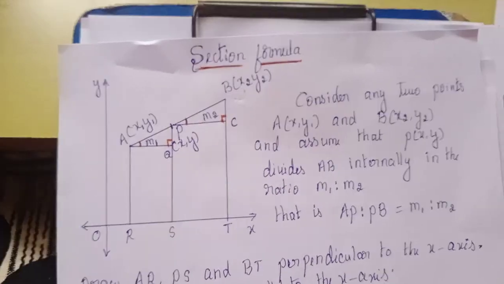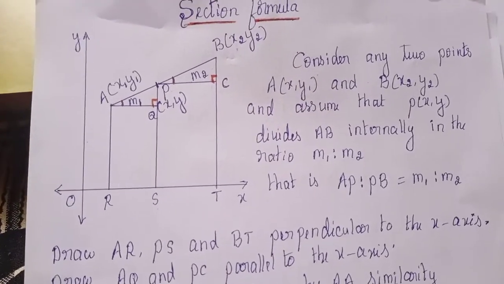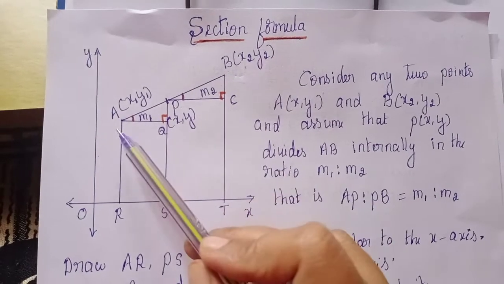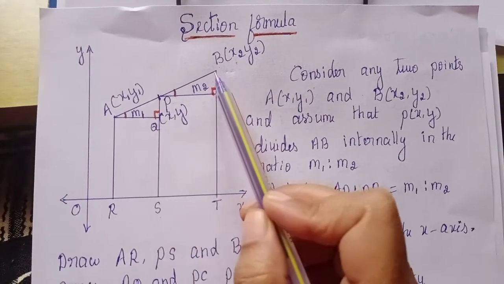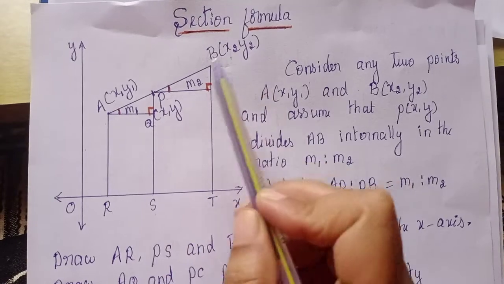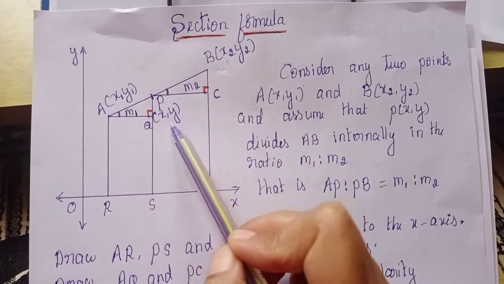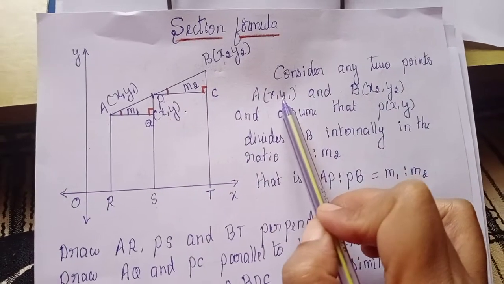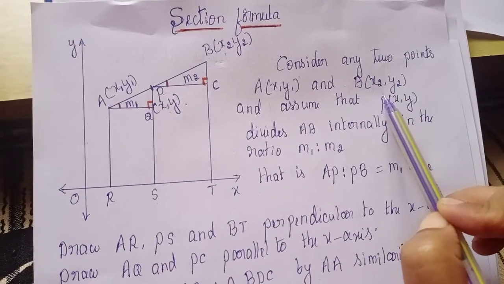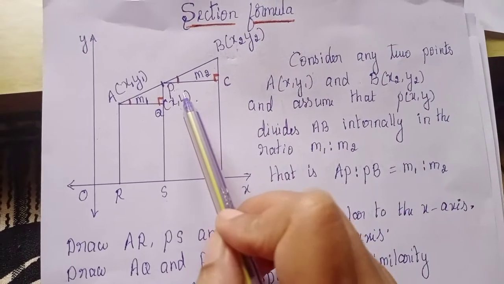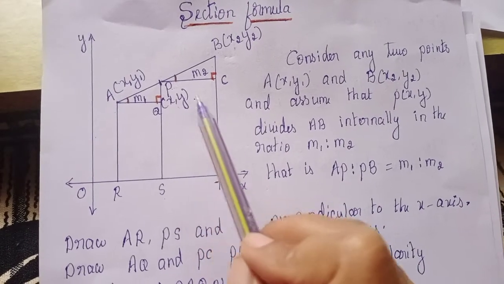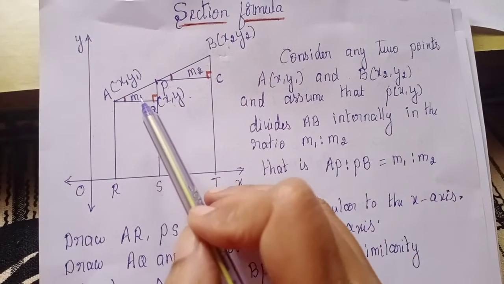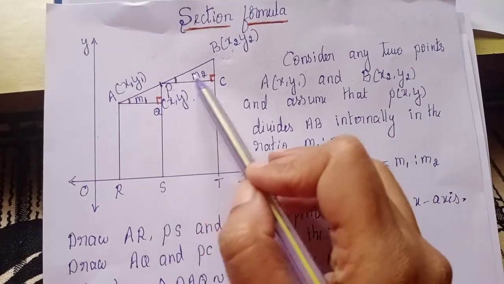Now let me start the derivation of the section formula. Let A be the point (x1, y1), let B be the point (x2, y2), and let the point P be (x, y). So consider any two points A (x1, y1) and B (x2, y2), and assume that the point P (x, y) divides AB internally in the ratio m1 is to m2.